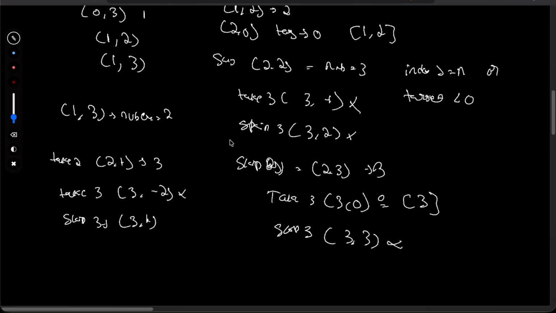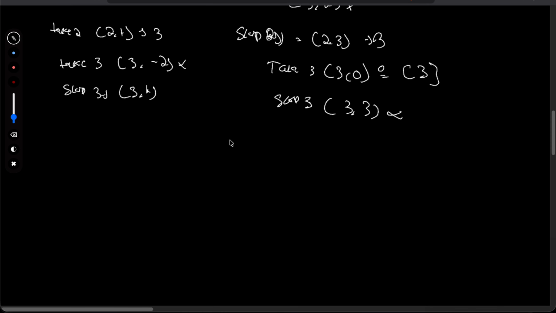If it's 2, 3, 2, 2 and 3, 1, many branches reach the same index and target. So the time complexity of this is big O of 2 to the power n.